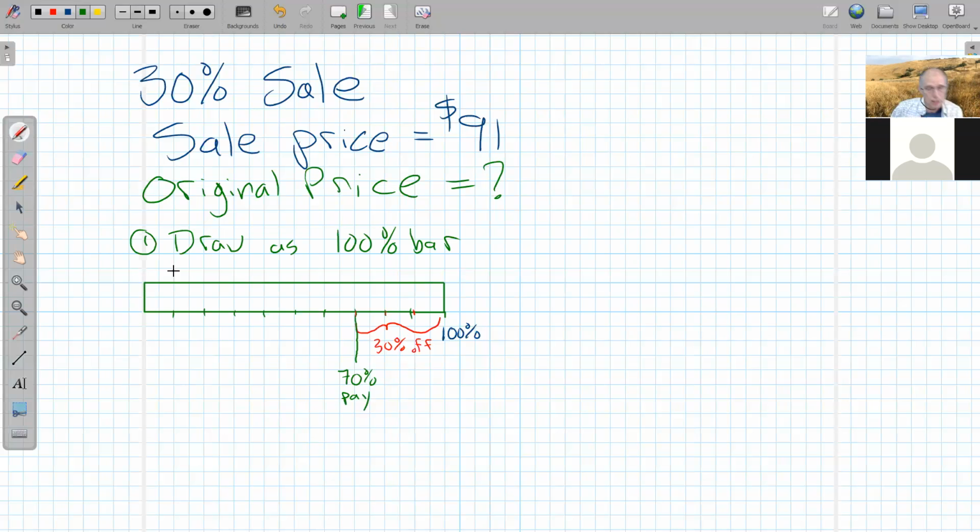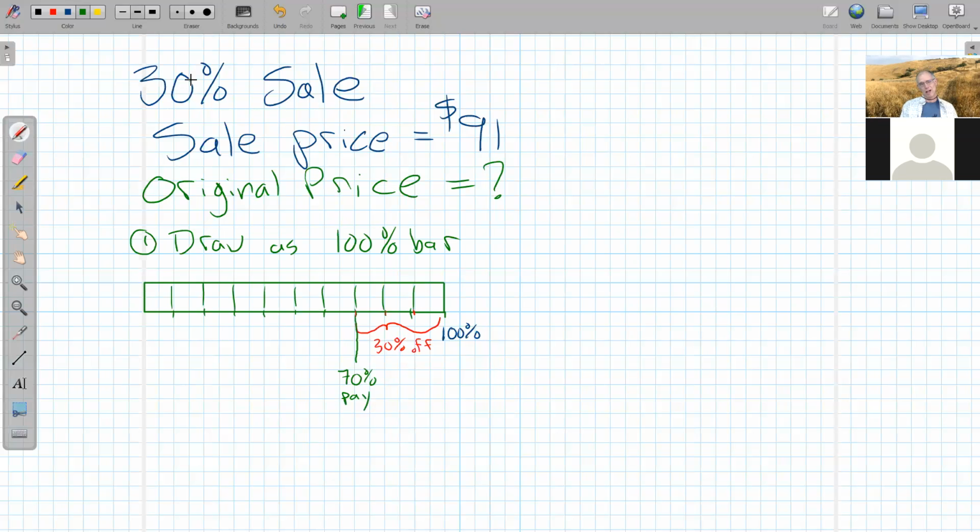So first step is have a bar that's equally marked with, in this case, I'm going with 10% because I have a percent that's a multiple of 10. So I have each of these rectangles here, squares in this case in my drawing, that represent 10% chunks.